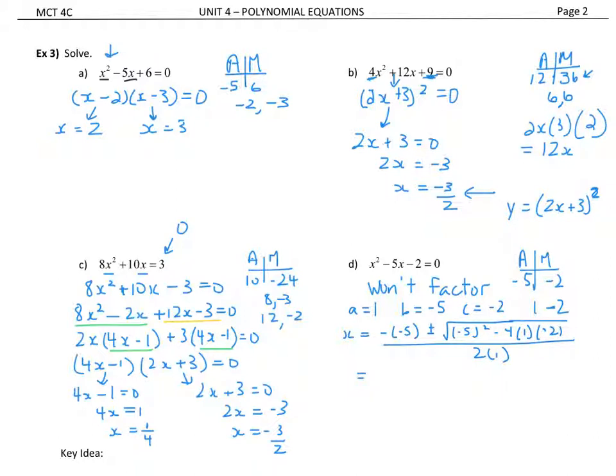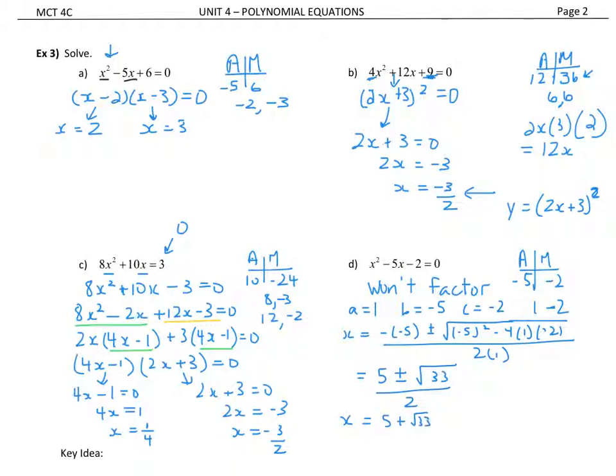Okay, so we get -5 will be +5, plus or minus, and then we have 25 plus 8. I believe 25 plus 8 would be, brain is very tired, 33. And that's all divided by 2 times 1. So we have our one answer of x equals 5 plus the square root of 33.